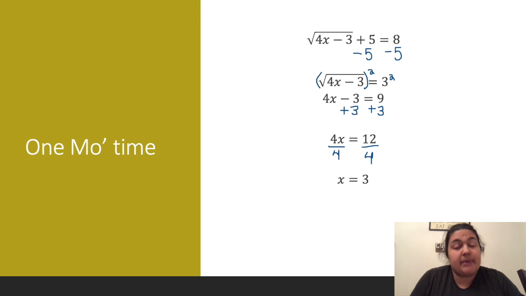So let's check our answer by plugging it back into the original equation. We have the square root of 4 times 3 minus 3, plus 5 is equal to 8.